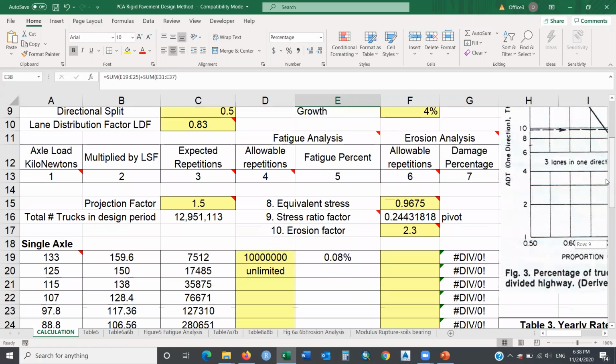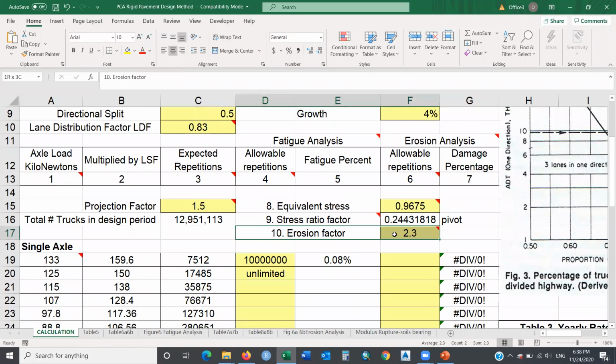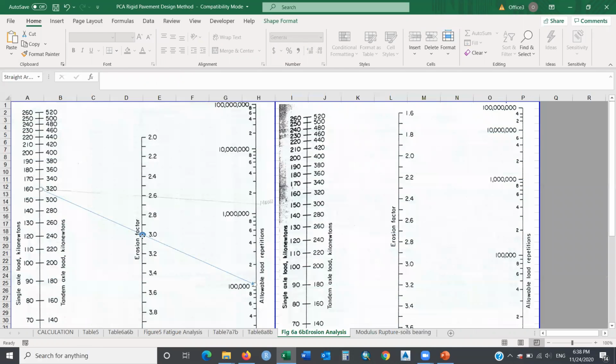I can go to the erosion so you can see what happened. I will go to the 2.3 as erosion factor. So my pivot is 2.3. There. My initial value is 160, this one over here. I'm reading somewhere between 10 and 20 million.